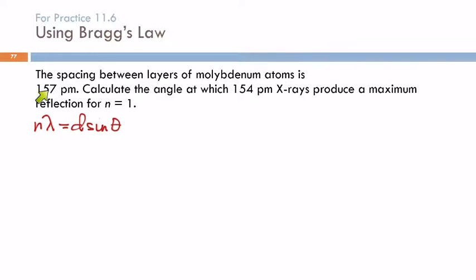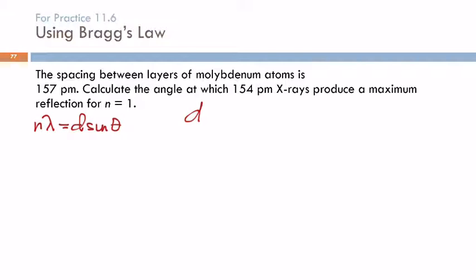So this 157 picometers, what does that correspond to? What letter in this formula does that correspond to? That would be D. D is the spacing between the two layers of atoms.